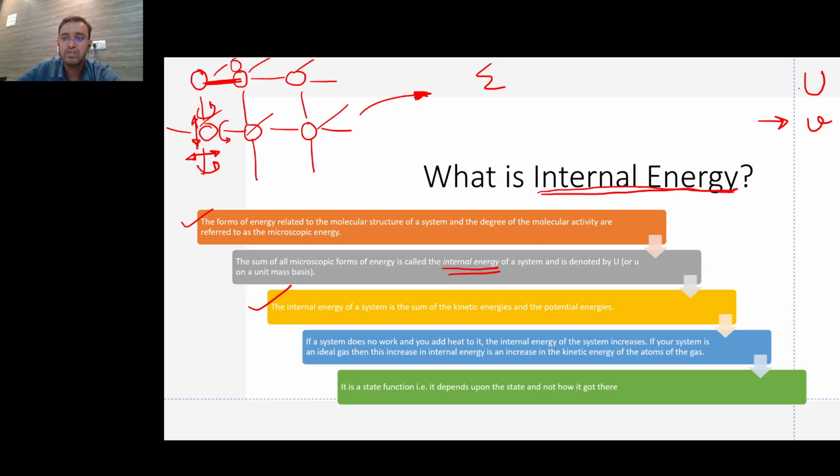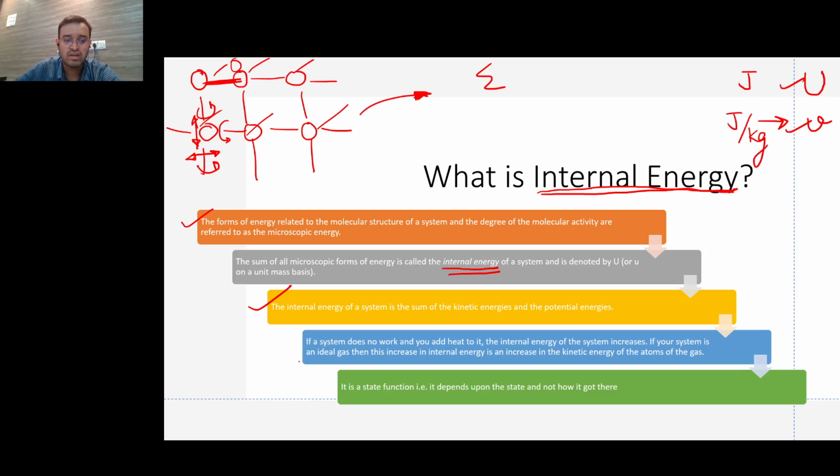It is denoted by capital U, and if you're talking in terms of specific internal energy, that is the energy contained per unit kg of the substance, it is of course denoted by small u. Since it's an energy, we measure internal energy in joules and specific internal energy in joules per kg.